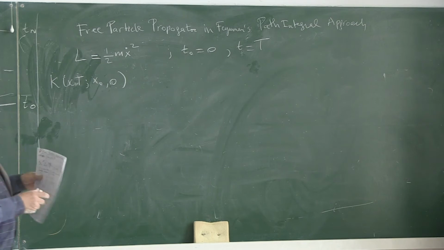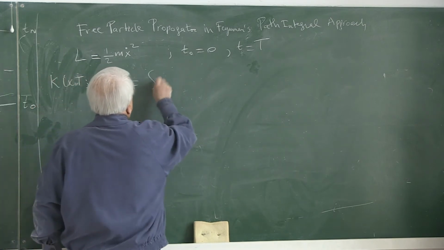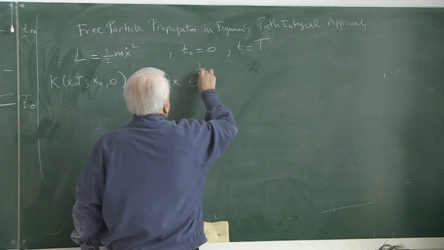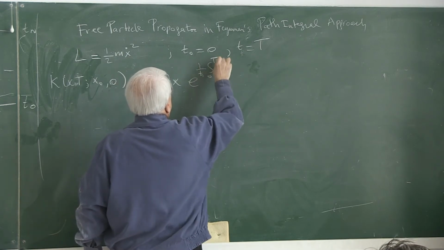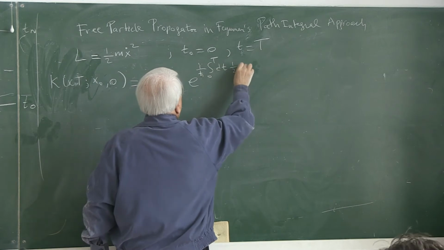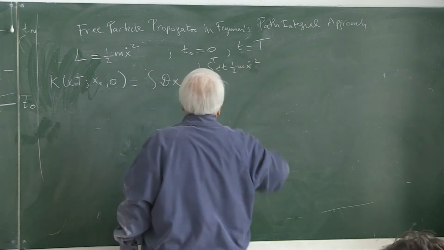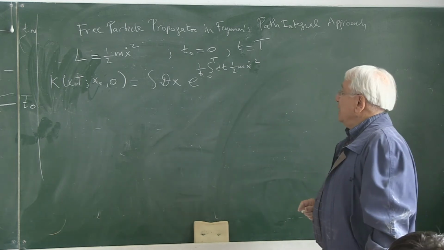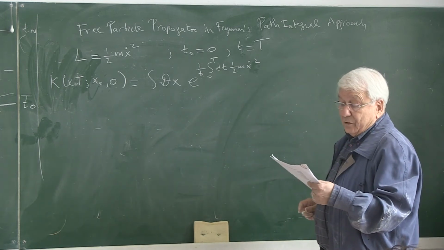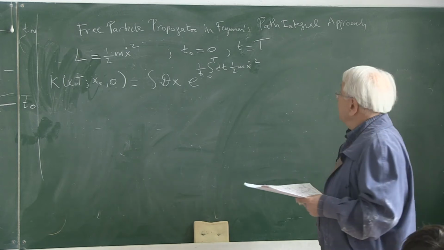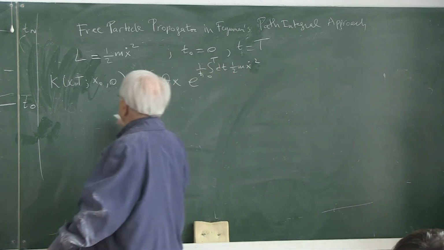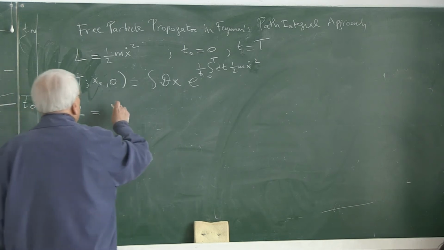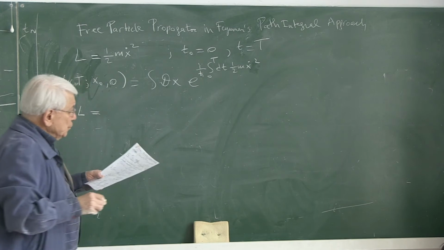So I will have then the Feynman measure d x, e to the i over h bar, integral from 0 to T dt 1/2 m x dot squared, right? That's the exponent. Let me work out the exponent first and then the measure. The exponent is easy to work out, right? How do I write that integral?